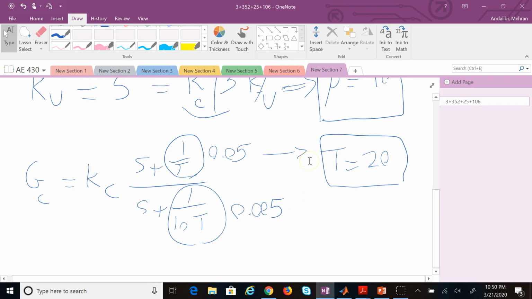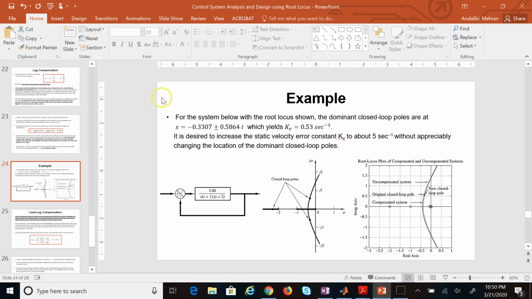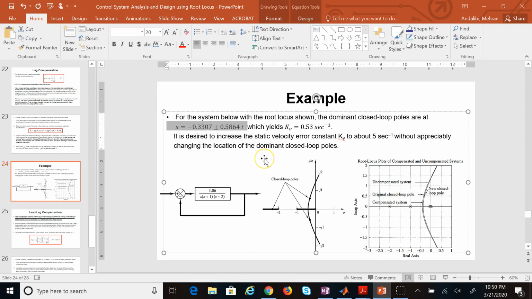And now that I have both of these guys, then what I can do is to find the gain Kc, right? Now this problem, as you can see again, does not like you to change the location of this dominant pole. Say these are good enough. Just make sure that the overall gain of the new open loop transfer function at this location is exactly 1.